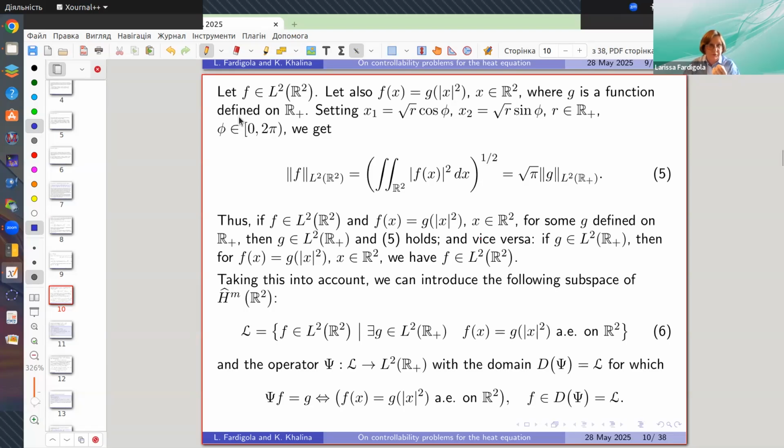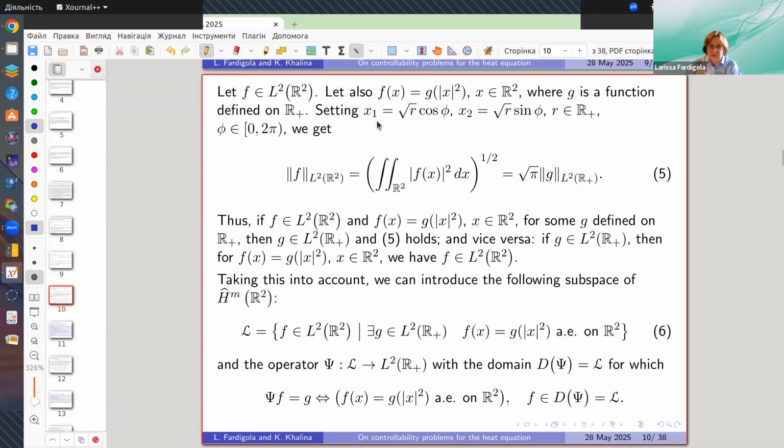So if f belongs to L2 of R squared, let f equal g of modulus of x squared, where g is a function on R plus.